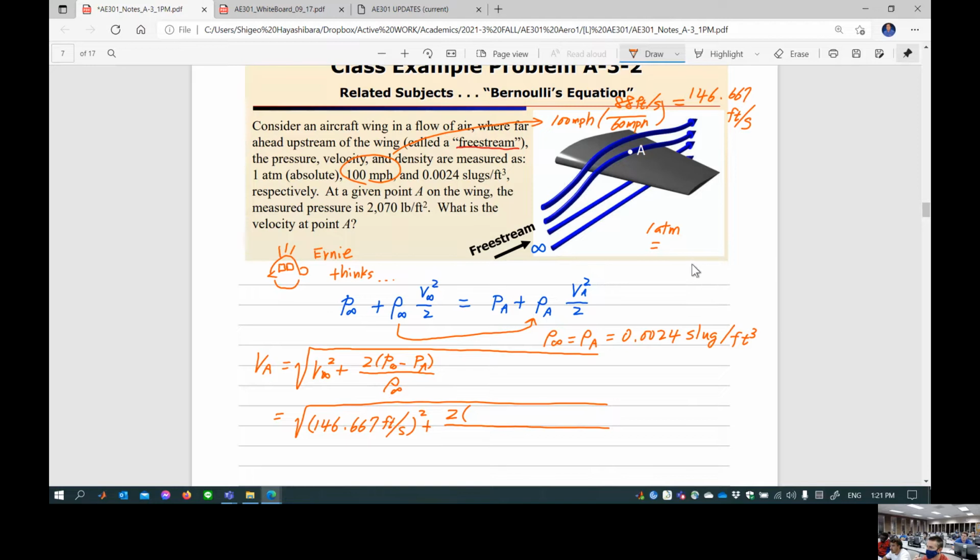What is the standard 1 atm at sea level, in standard units? 2116.2 pound force per foot square, minus, oh, this is measured at 2070 pounds per foot square.